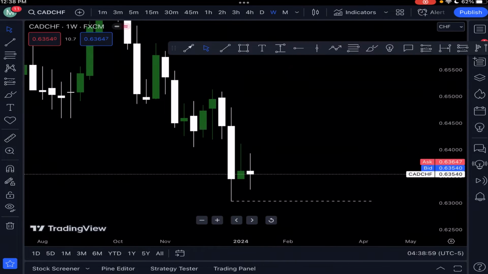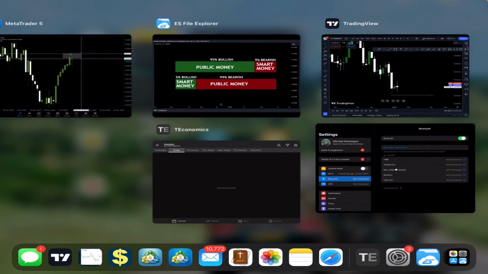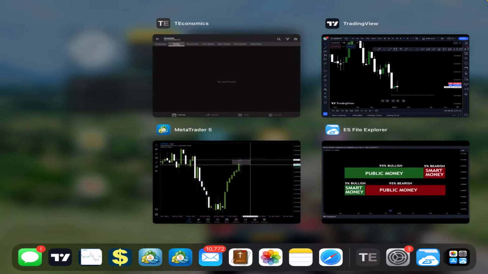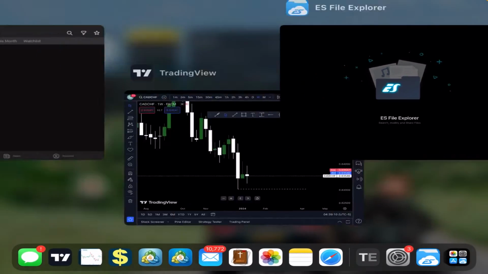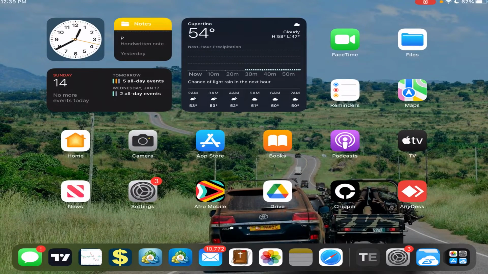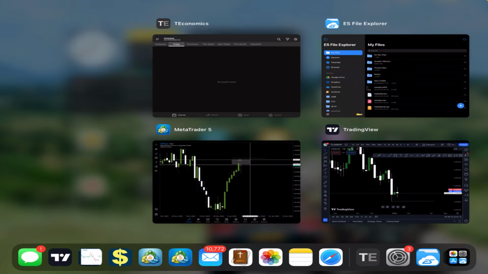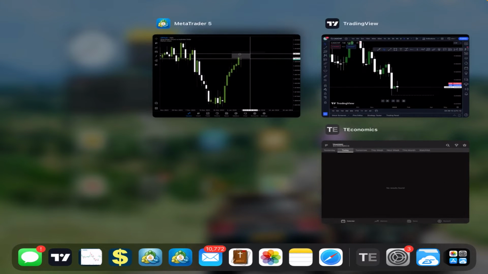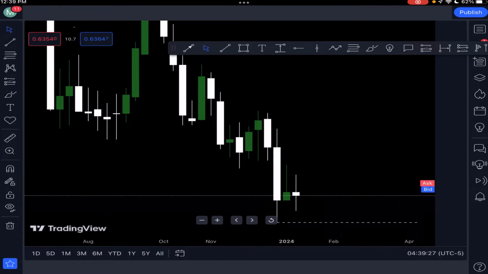So now this is CAD CHF, but before we look at CAD CHF, I want to take you back to this same image. Sorry, I'm not a very good computer man or iPad man.